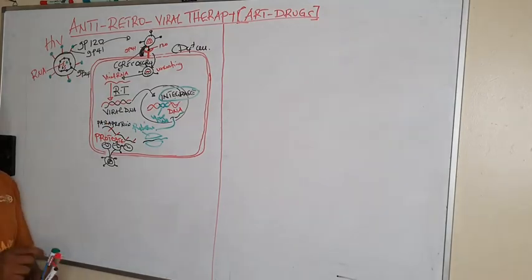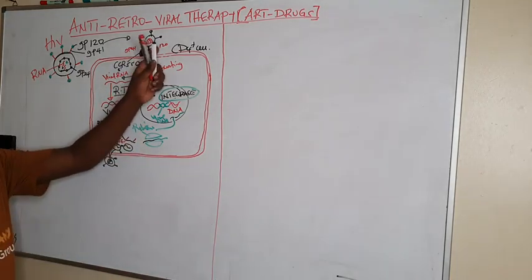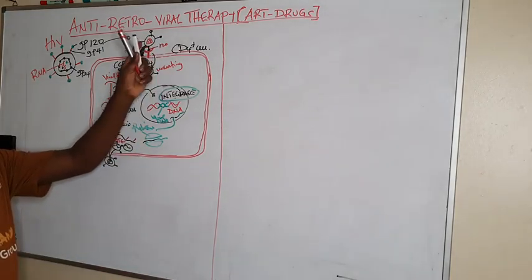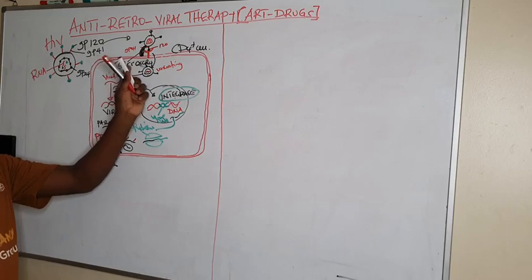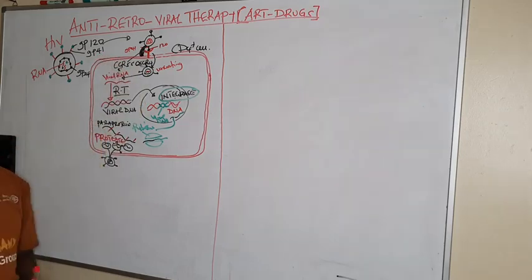And the important key points is the glycoprotein 120 binding with glycoprotein 41 with the co-stimulation of co-receptors CCR5 and CXCR4.